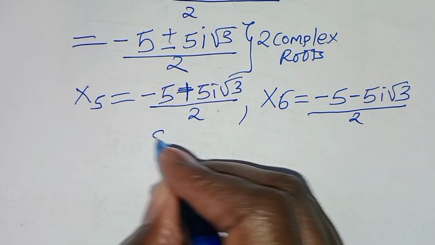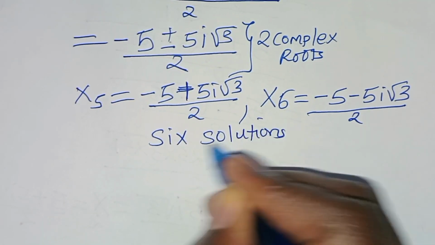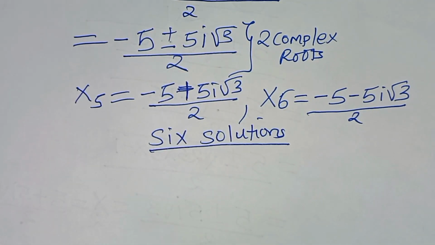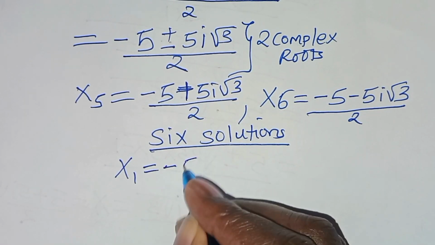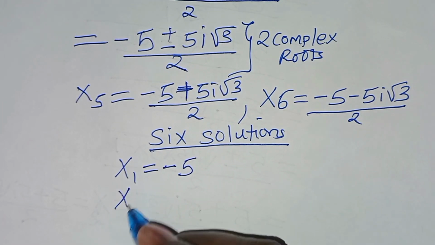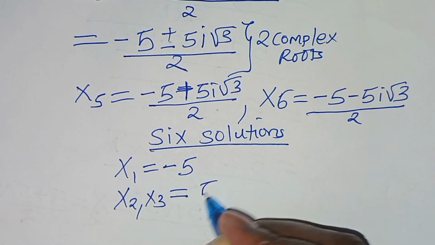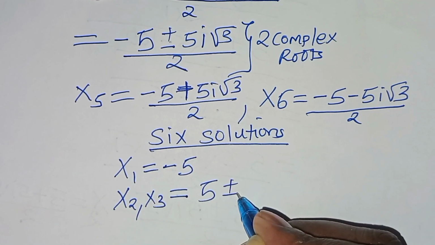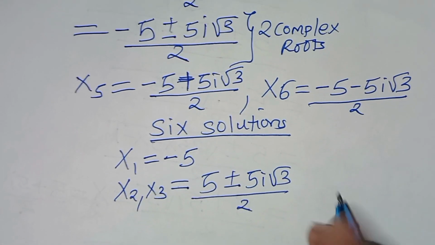And that implies that we have 6 solutions here. Given that x1 is equal to negative 5, we have x2 and x3, which are two complex roots, 5 plus or minus 5i square root of 3 divided by 2.